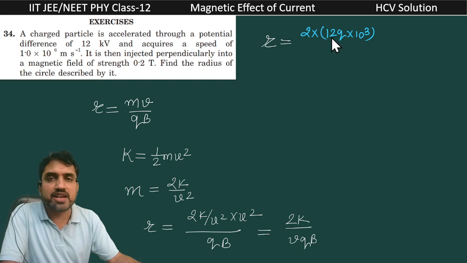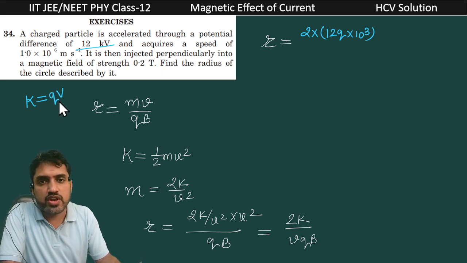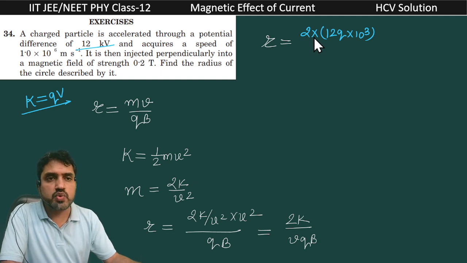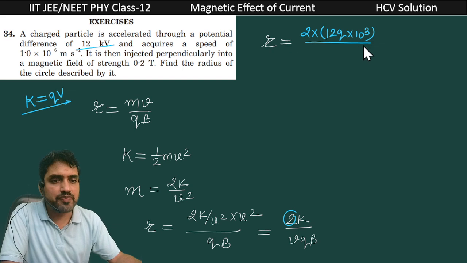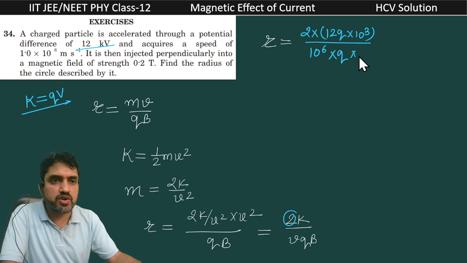If any charged particle is accelerated by V volt, then this energy K is equal to charge into the potential, q into V. So the energy is 12 into q into 10 raised to power 3, because it is kilovolt, divided by v. So v is equal to 10 raised to power 6 meter per second, q as it is, and B is equal to 0.2 Tesla. So q will be cancelled out.